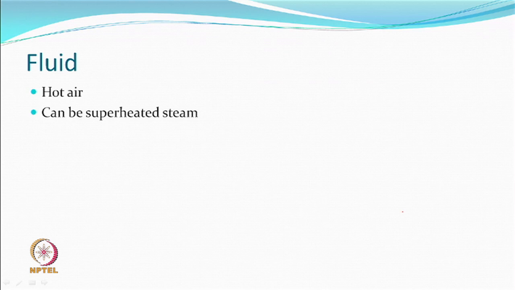So, the fluid that is used is hot air rather than the cold compressed air or room temperature compressed air. In the air jet we are using compressed air, but we are not raising the temperature. Here you are using hot air. You can use superheated steam as well.